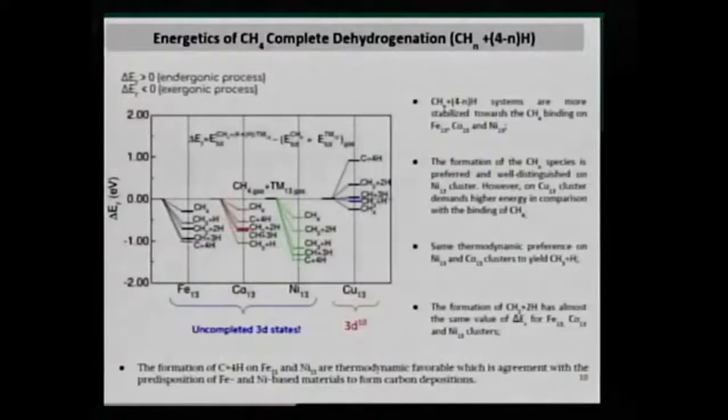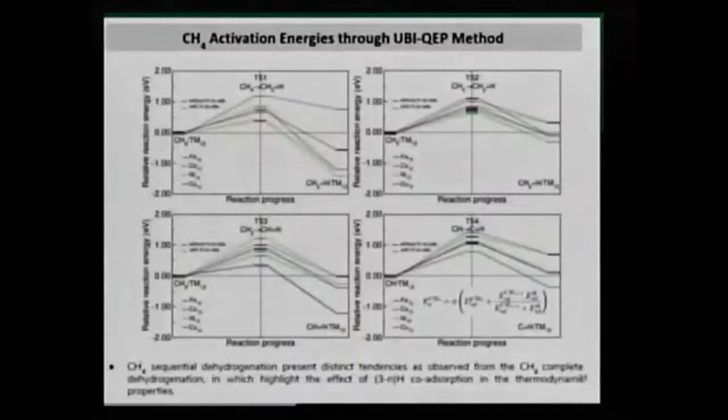To try to understand now the steps of this mechanism, we investigated the elementary reactions between each CH hydrogenation step, which are shown here. If this line is above 0 between the reactant and the product, we have an exothermic reaction.